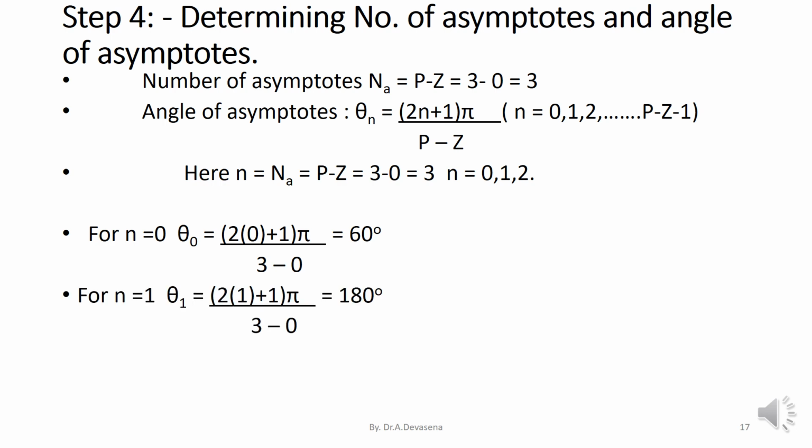Now if you substitute n equal to 1, we get the angle of asymptote theta_1 equal to (2 times 1 plus 1) times pi divided by 3 minus 0. It provides 180 degree. If you substitute n equal to 2, the angle of asymptote value is 300 degree.